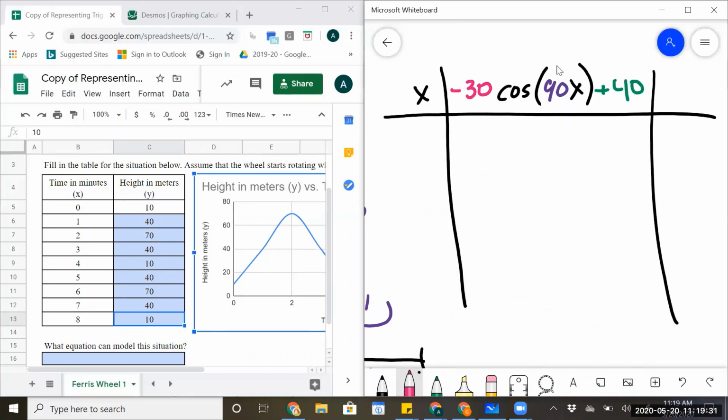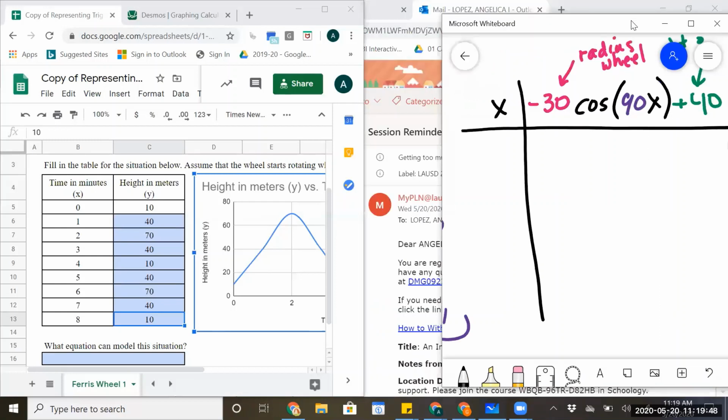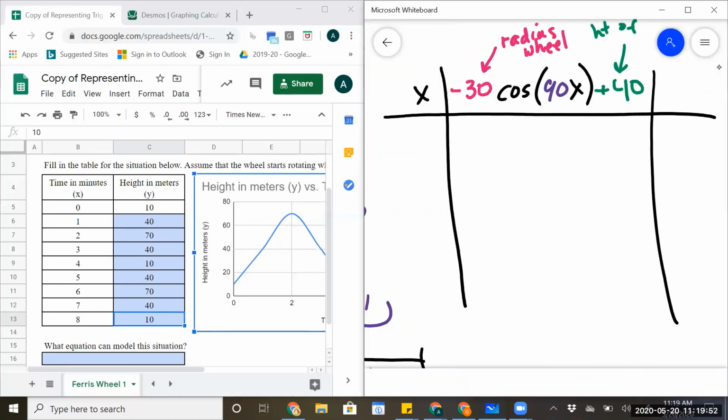Just to recap, 30 was the radius of our Ferris wheel, and the negative just gave us the direction. 40 was the height of the axle. And the 90 is the one that's kind of strange to think about.